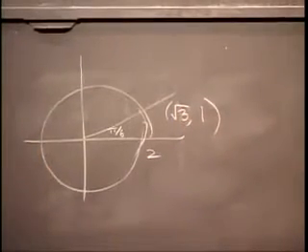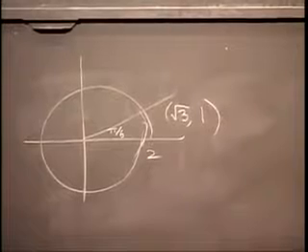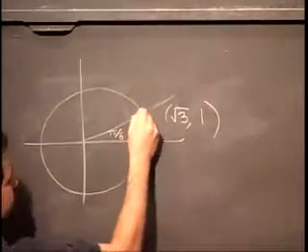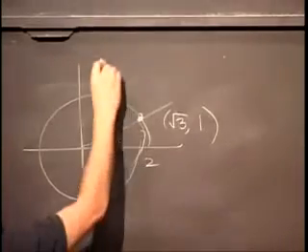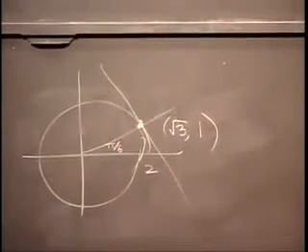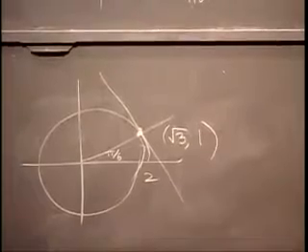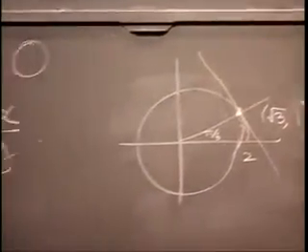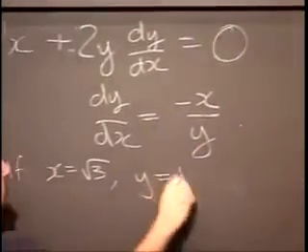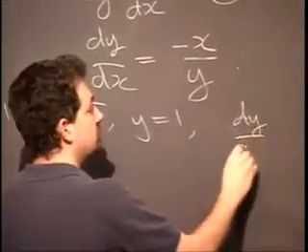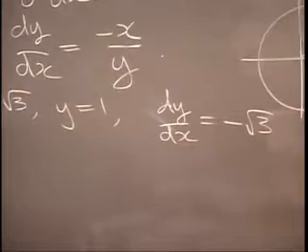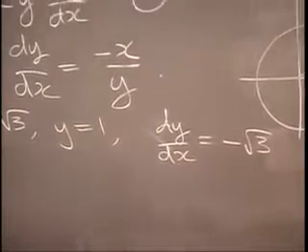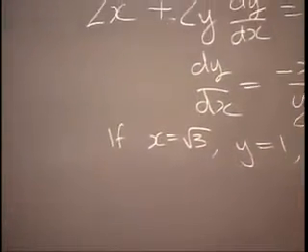Consider the point (root 3, 1) on the circle. The question is, what is the slope of the tangent right there? Well, if x is root 3 and y equals 1, we just plug it in and we see dy/dx equals minus root 3. Okay, so that's a specific example of how to use implicit differentiation.